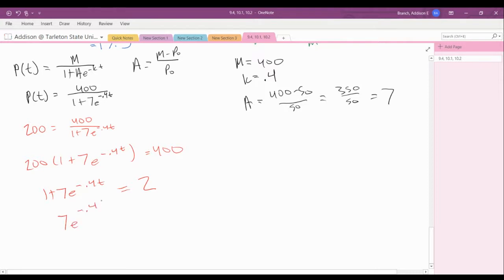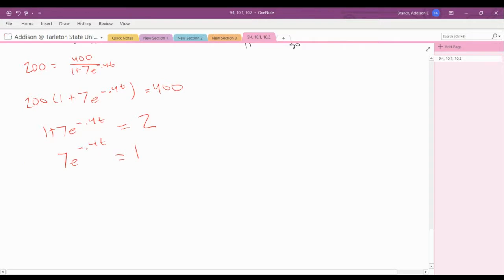7e to the negative 0.4t is equal to 1. So e to the negative 0.4t is equal to 1 over 7.